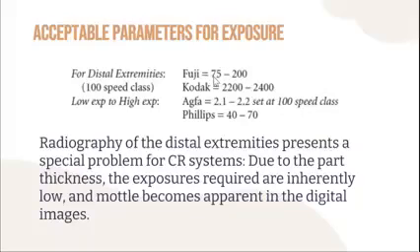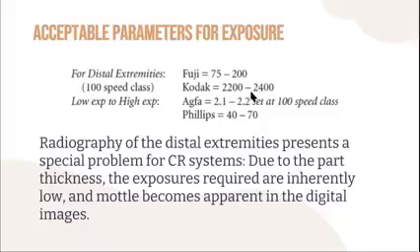So it starts at 75, although it should be 50, but 75 is already considered underexposed. So the start is 75, the median pixel value is 100, and overexposure is 200. Okay? For Kodak with a 100 speed class, 200 to 400.